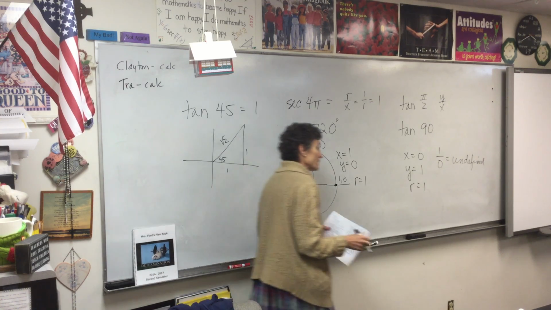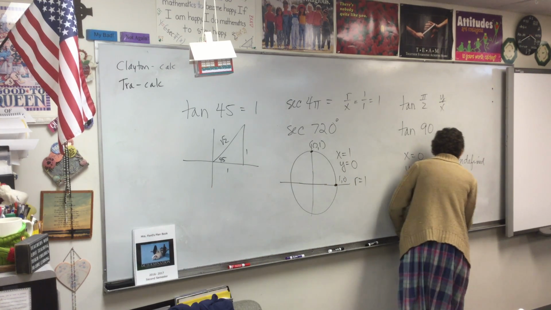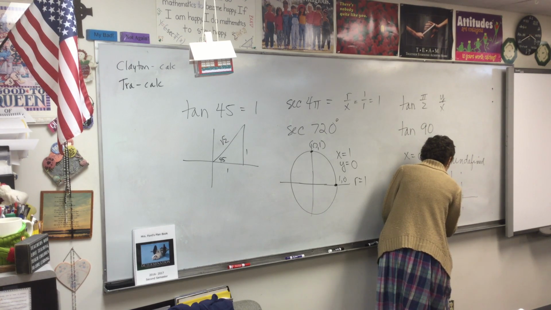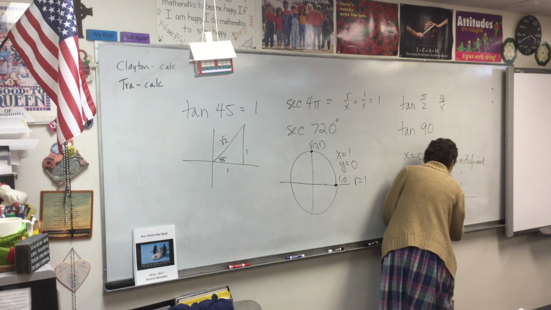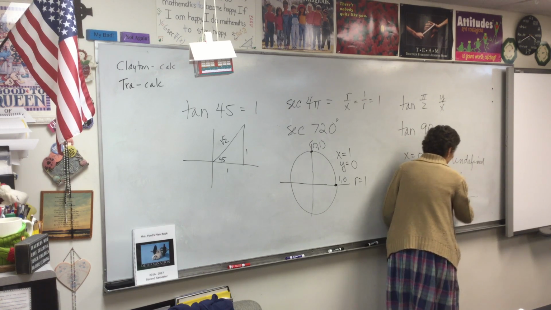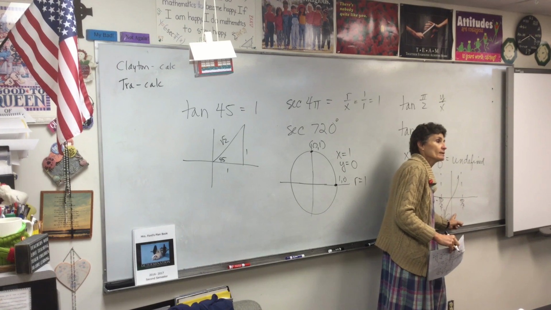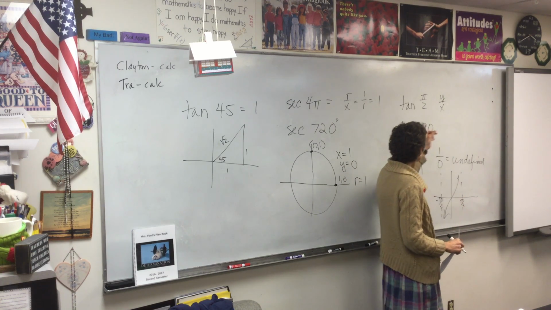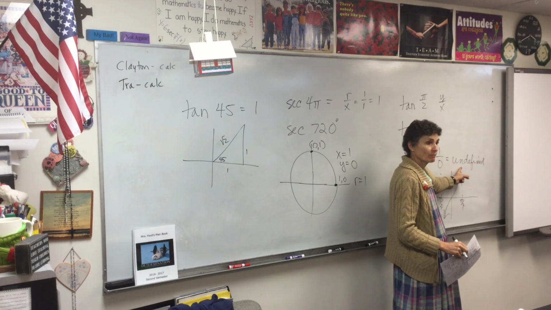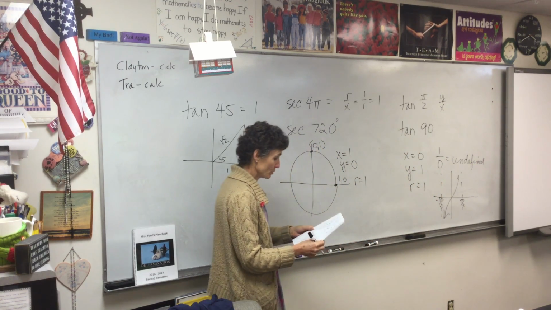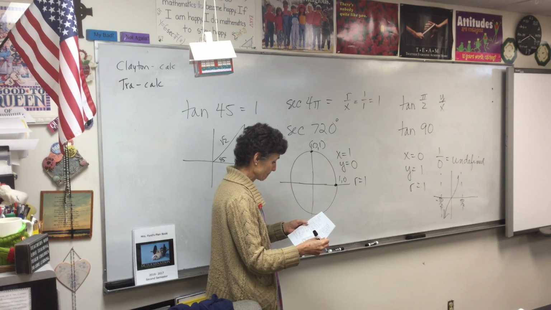And that makes perfectly good sense, because when you sketch a regular tangent curve, here's pi over 2, and what's happening at pi over 2? An asymptote. You have asymptotes whenever you are undefined. At 90, or pi over 2, the tangent is undefined.